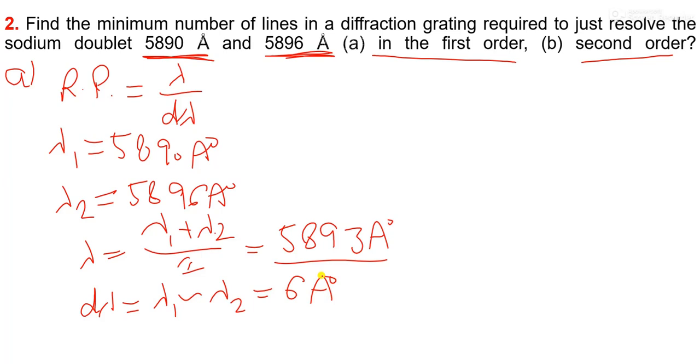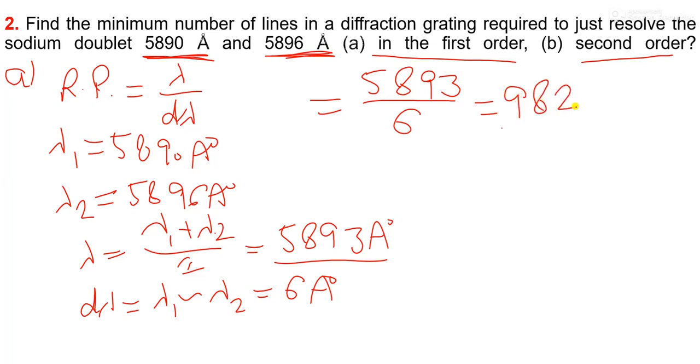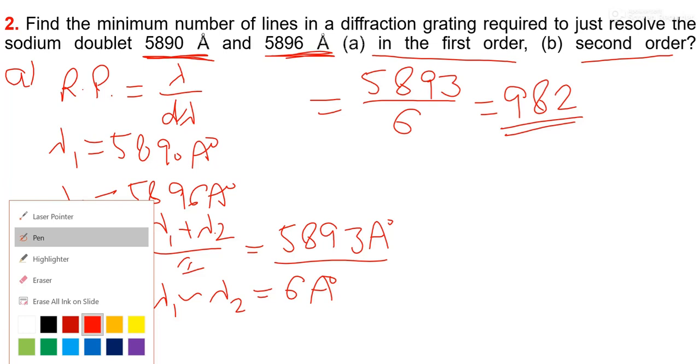Okay, so the resolving power equals lambda upon d lambda, meaning 5893 upon 6, and it comes out to 982.